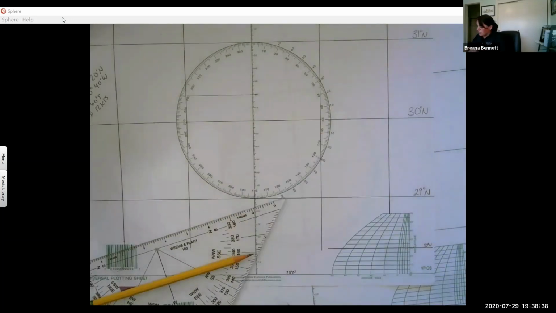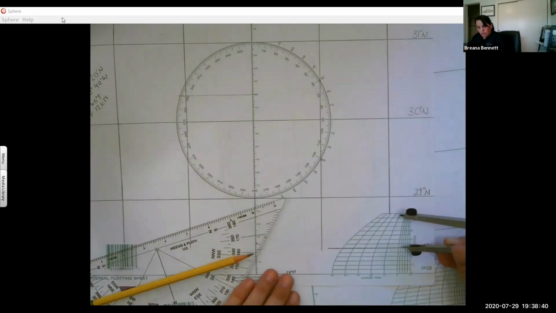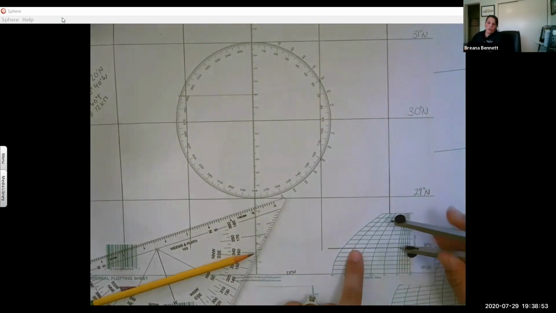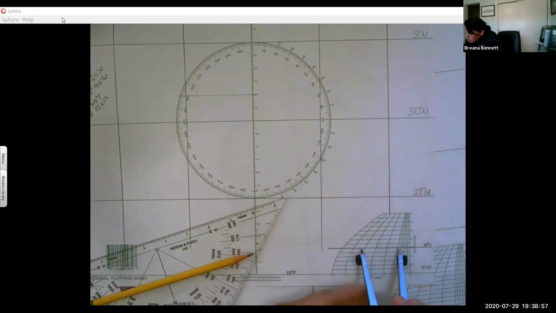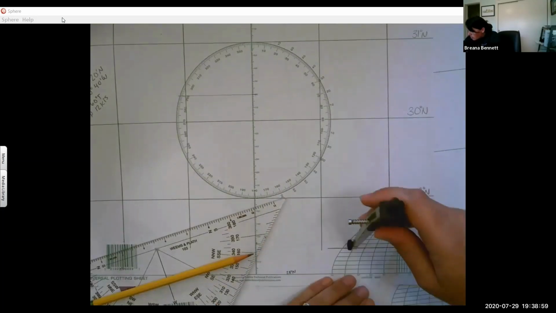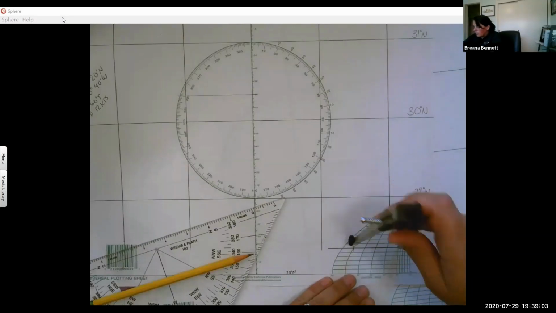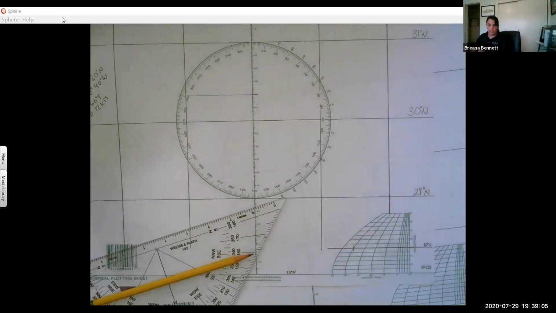Now I want, what do I want? 40 minutes. So if I wanted 42, I could go right there, but I want 40. So I'm going to put my divider at the 0, and then I want to get it to where it crosses the 40. So I'm going to use my compass and say that's my 40 line.